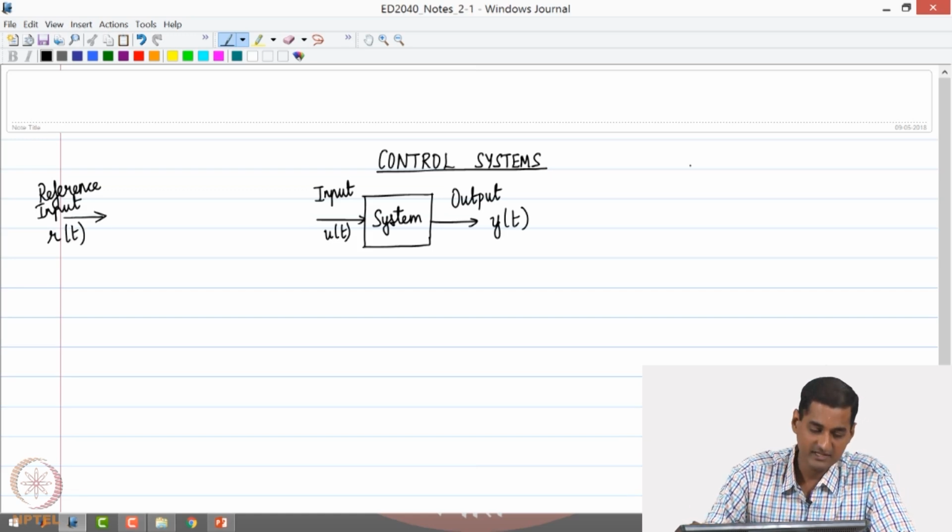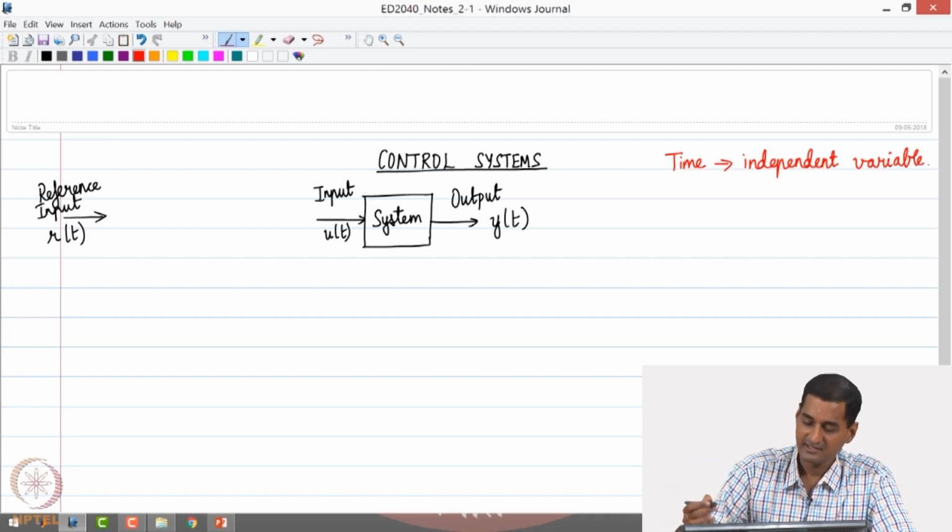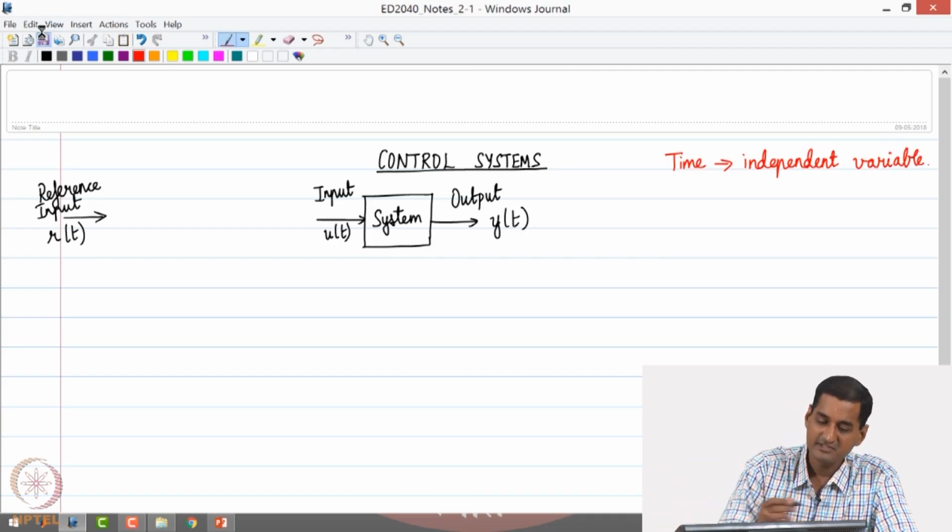Of course, please note that in this particular course, since we are dealing with dynamic systems, time is the independent variable. That is something which we have already realized. So, time is our independent variable.